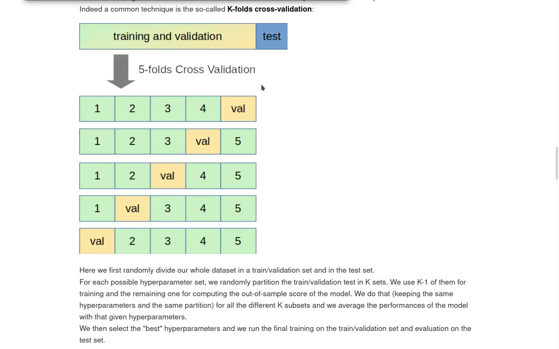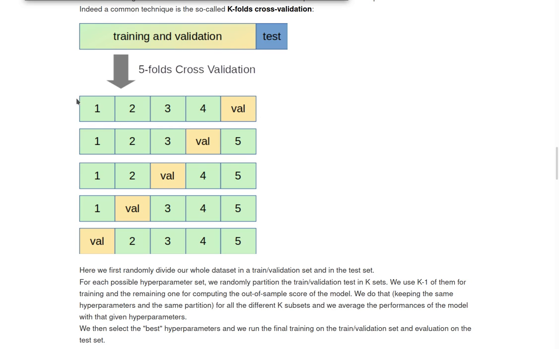At this point, for each possible combination of hyperparameters, for example, first layer with 4 nodes and second layer with 5 nodes, or using 30 decision trees and so on, for each fixed combination of hyperparameters, we divide our training and validation set in k parts. Here we use 5. Another common choice is 10, so 10-fold cross validation.